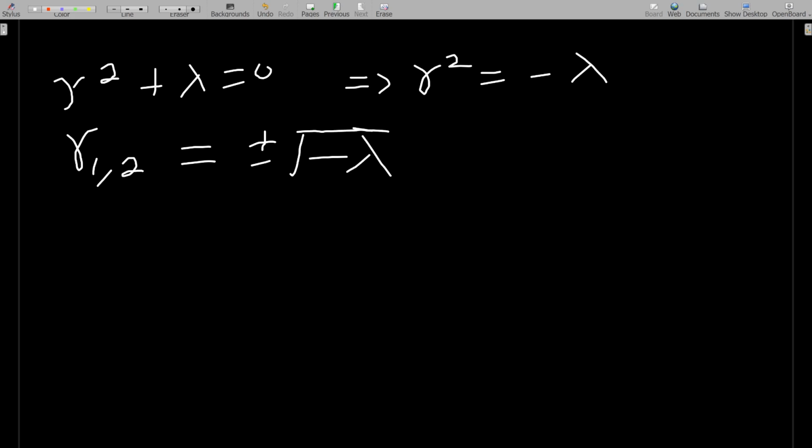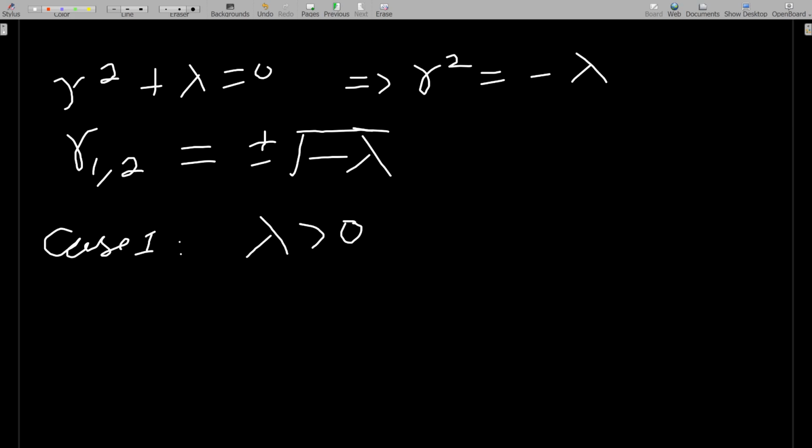Now we have to consider cases, because λ can be 0, λ can be greater than 0, or λ can be less than 0. Let's first consider case one, where λ is greater than 0. If λ is greater than 0, then -λ is a negative number.